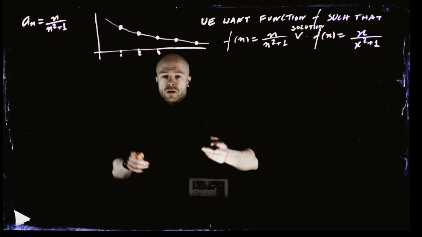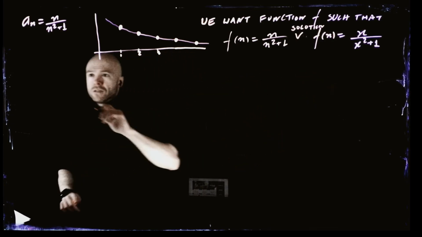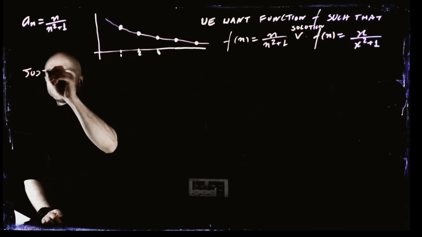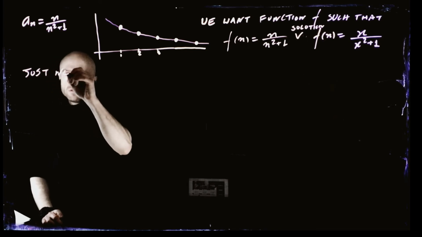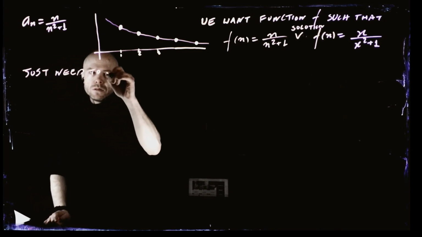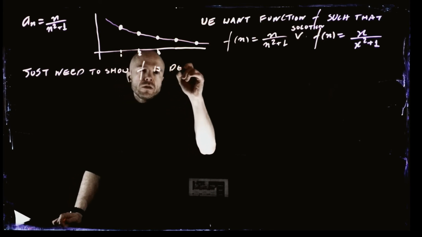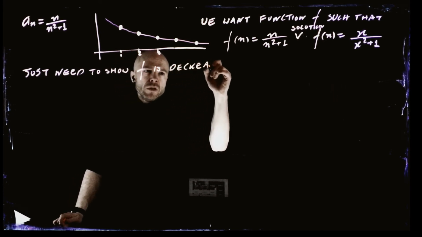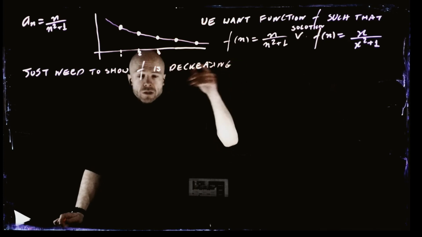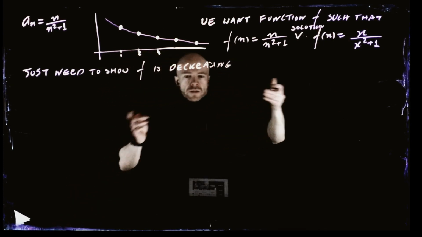So if we can show that this function is decreasing, we're all set. So we just need to show f is decreasing. And as you people told me, we can show something's decreasing by showing its derivative is negative, yeah? So that's what we're going to do.